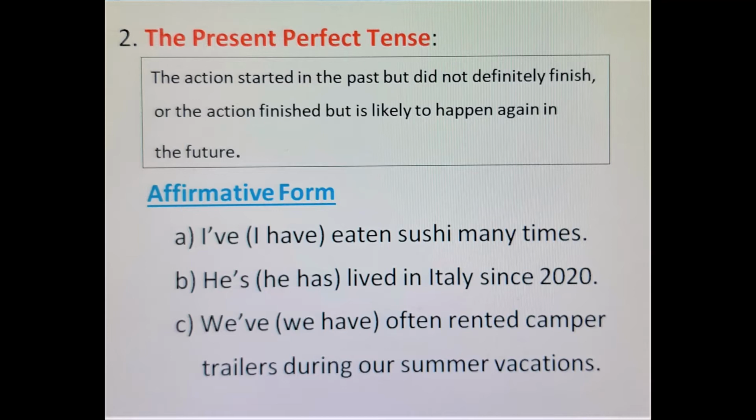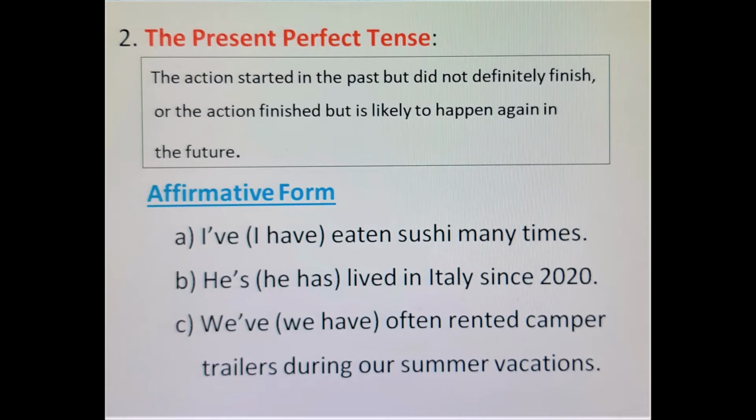C. We've often rented camper trailers during our summer vacations. Repeat. We've rented. We've, the contracted form of we have, and rented, the past participle of the verb to rent.